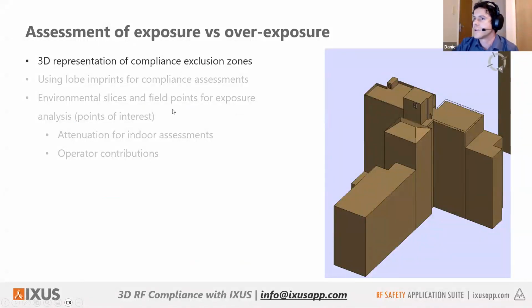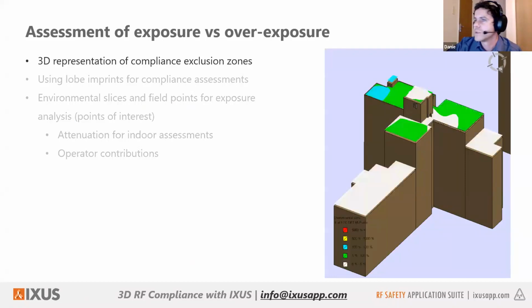Okay, so now I'll be looking at this 3D representation of compliance exclusion zones. So if we look at that same rooftop, in this picture over here, I've added a few of the levels that I mentioned, the lower levels. And you can go place environmental slices on these levels to determine what is the exact exposure.